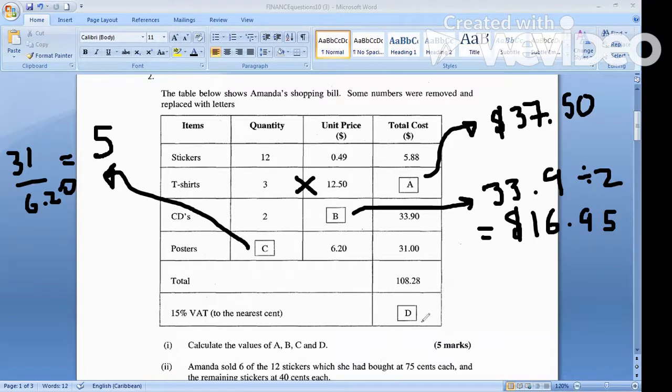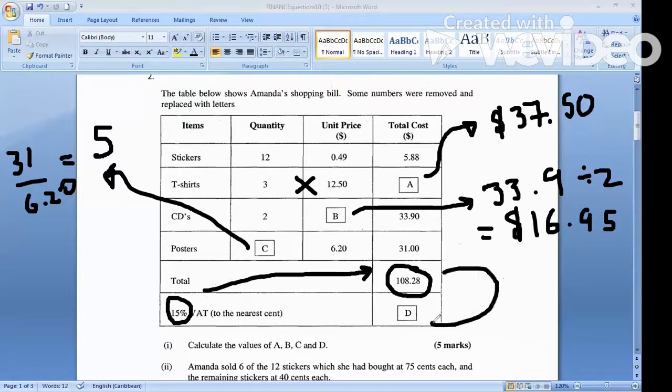Oh, hold on. What about D? What does VAT mean? Value added tax. It's something like GCT. So basically, they're saying that when you add up all these items, this is what it comes to, not true? But then you're going to have to add 15% to this to get your final price, not true?